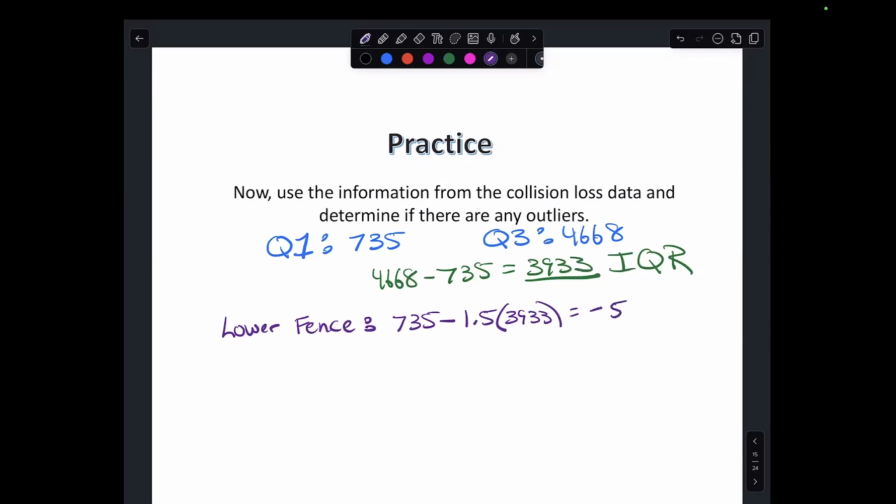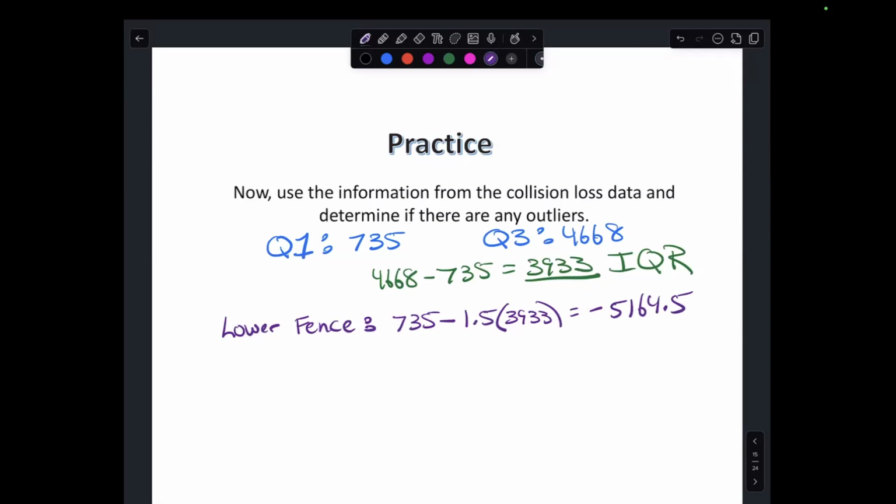Negative 5164.5. Clearly, we don't have any lower outliers and nothing's below the lower fence, because that would mean that I improved my car by $5,000 when I wrecked it, which doesn't make any sense, but that's what that would mean.